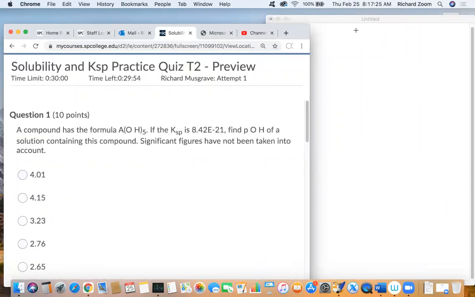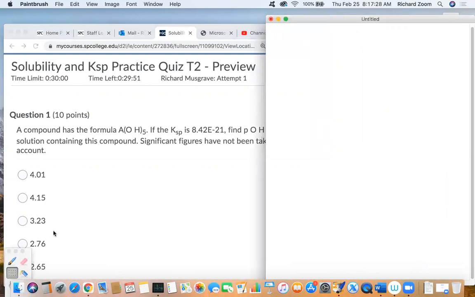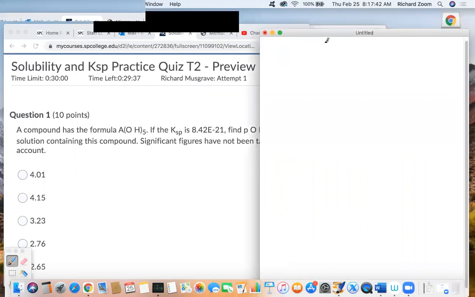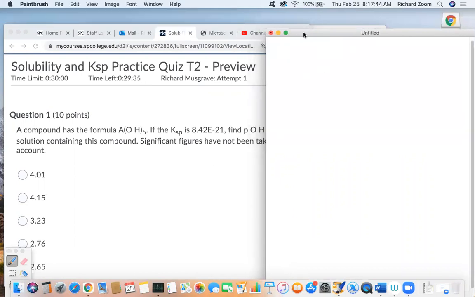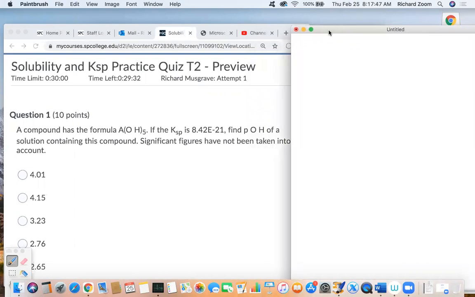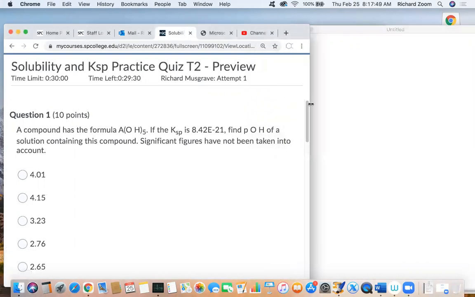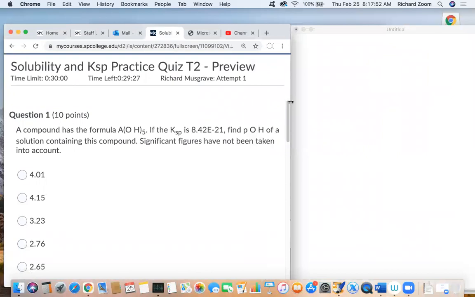Okay. So here's the example. A compound has the formula AOH5. If the Ksp is 8.42 times 10 to the negative 21, find the pOH of a solution of this compound.